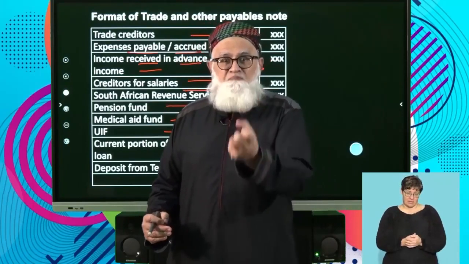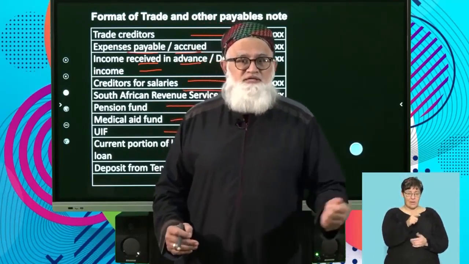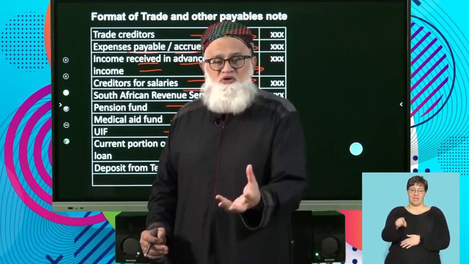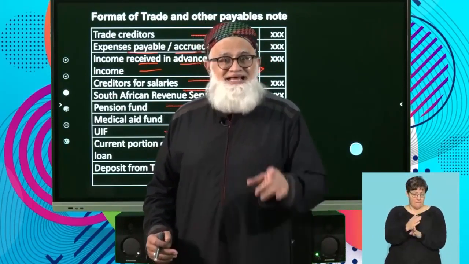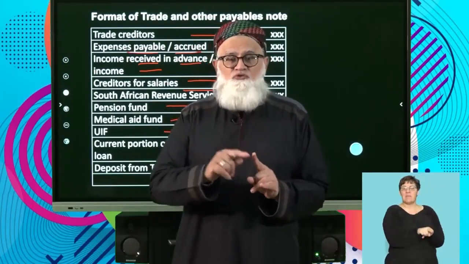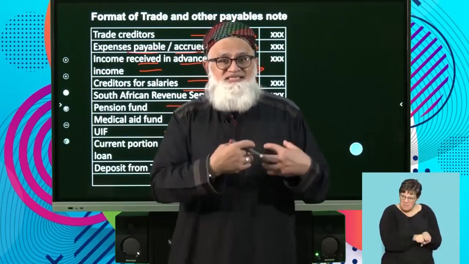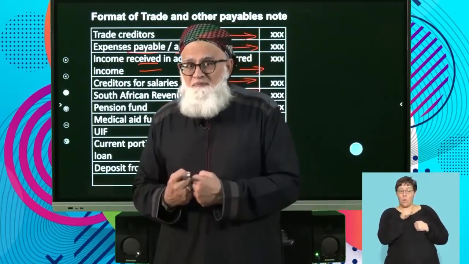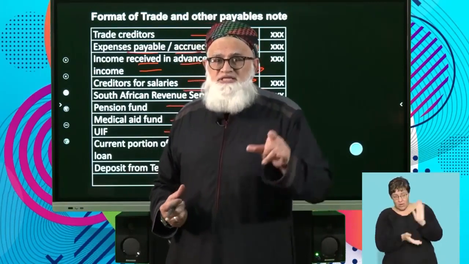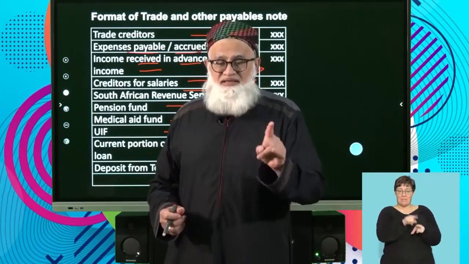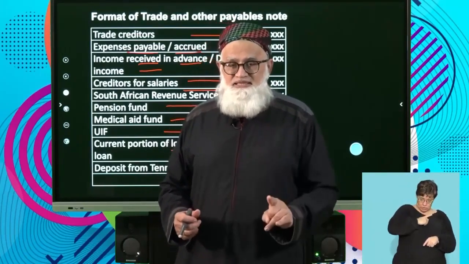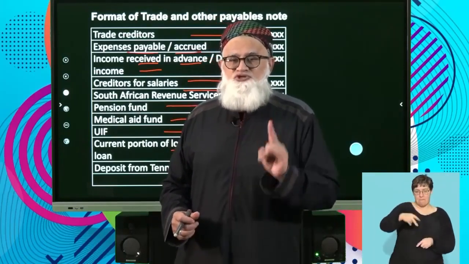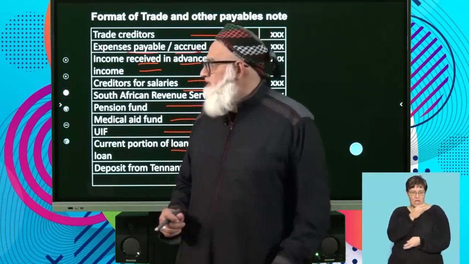It is that portion that has to be repaid to your tenant, because the deposit is an upfront payment, like we had a deposit of water and electricity, which is an asset to us. The deposit that we are keeping on behalf of a property that we have leased is, by the same token, a liability, and therefore appears under trade and other payables.